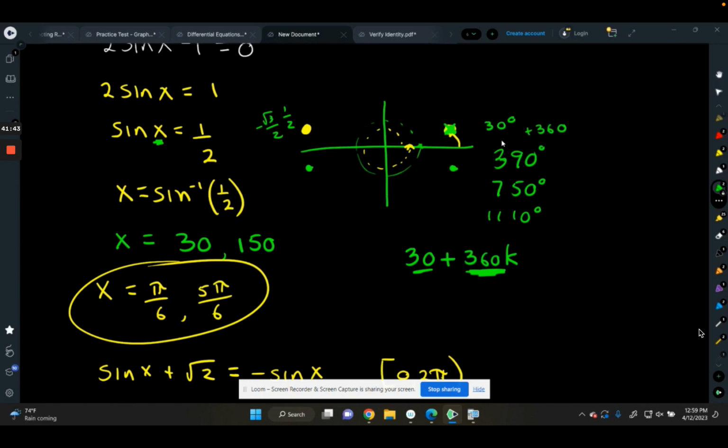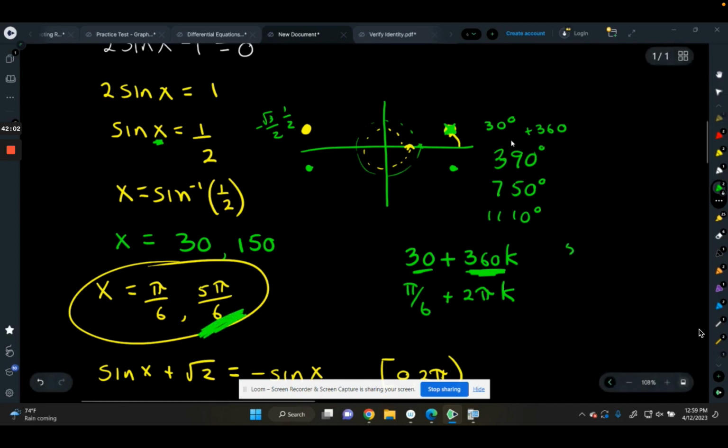So in radians, we would say pi over 6 plus 2 pi k, indicating that I can keep going around and around depending on the value of k. So how would I express this other answer? 5 pi over 6 plus 2 pi k.